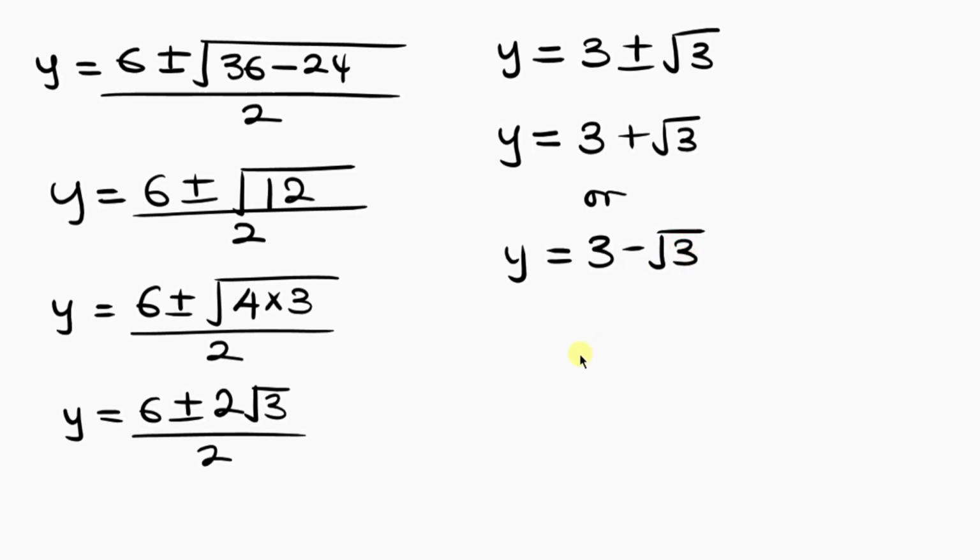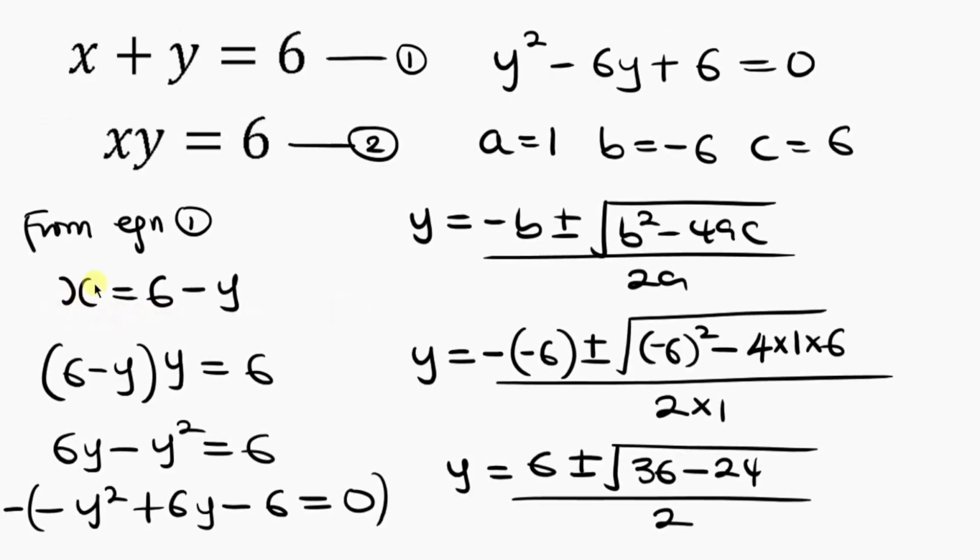So now we're going to use what we have here to get our value for x. I'm going to be using this one and calling this one case 1, and I'll use this other one and call it case 2. Let's go. Remember we said x is equal to 6 minus y.